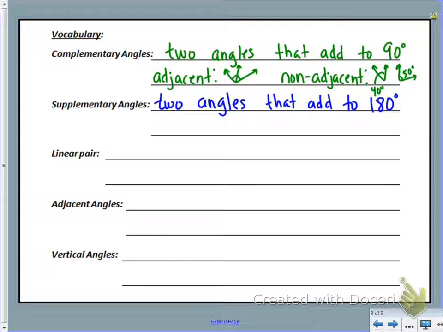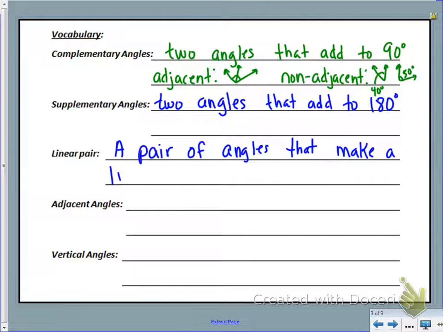A linear pair is a pair of angles that make a line. So it's called a linear standing for line, and pair standing for two angles.